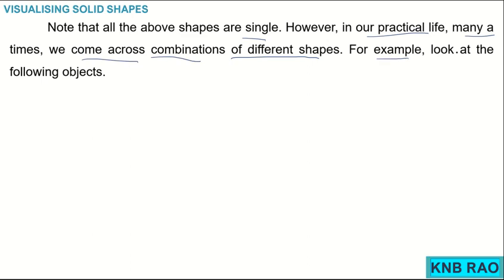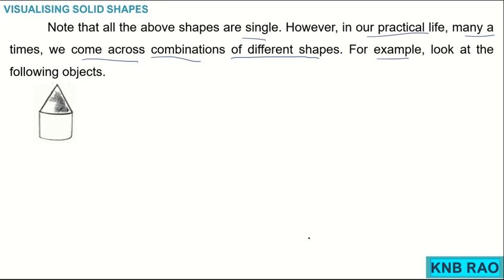For example, look at the following objects. First one, you might observe this sort of thing often, maybe a pencil after mending it, or you can see such things as a hut in your village, or maybe a pillar in front of some mask.